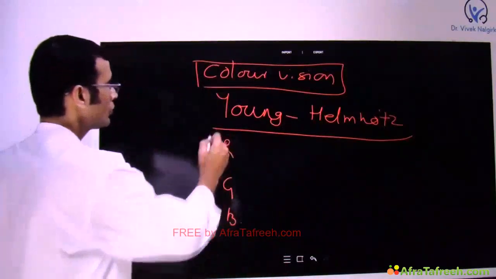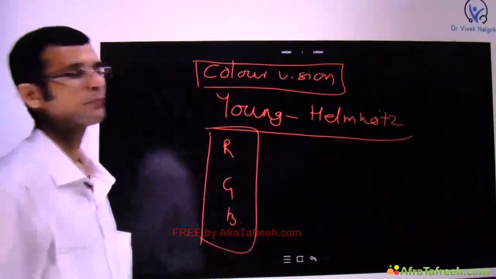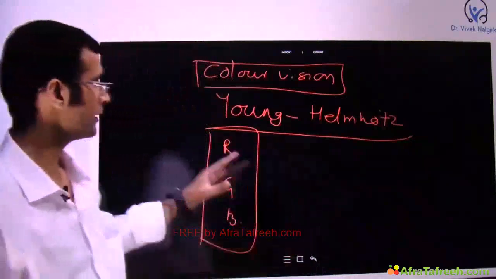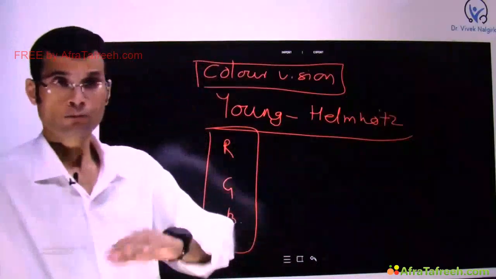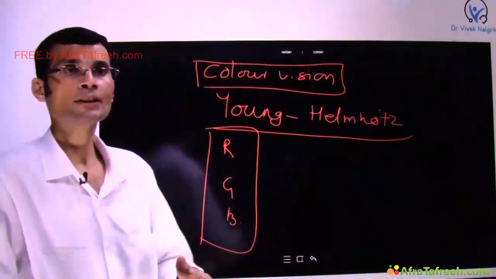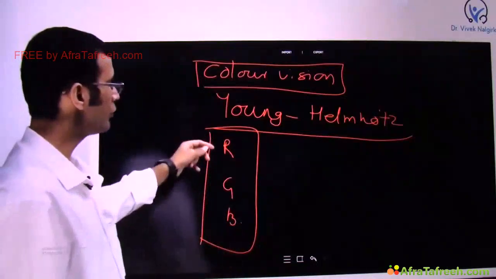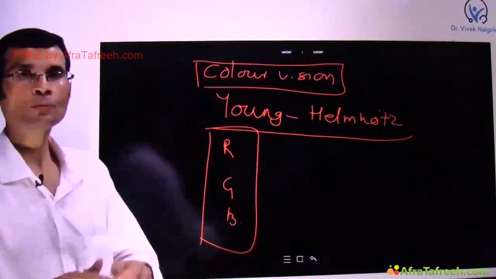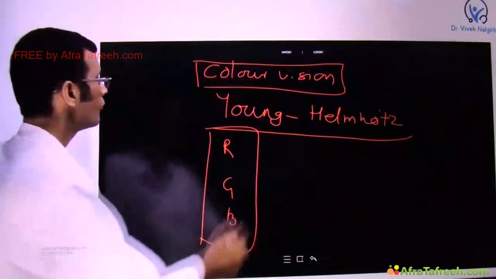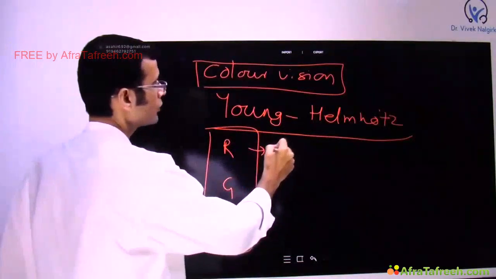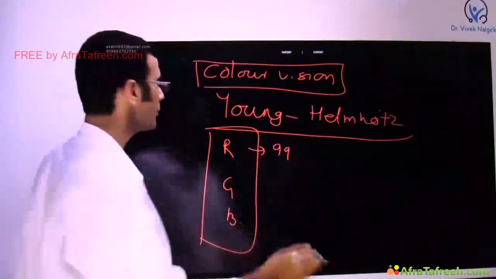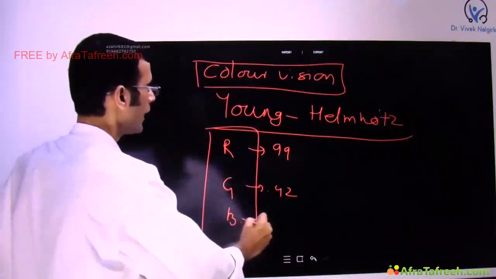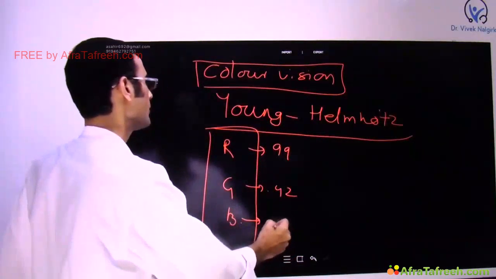So 3 different types of cones, and 3 basic primary colors, and that's how various other colors will be perceived by different stimulus values. For example, orange monochromatic light will stimulate red cones with a stimulus value of 99%, green cones with a stimulus value of 42%, and blue cones maybe a stimulus value of 0%.